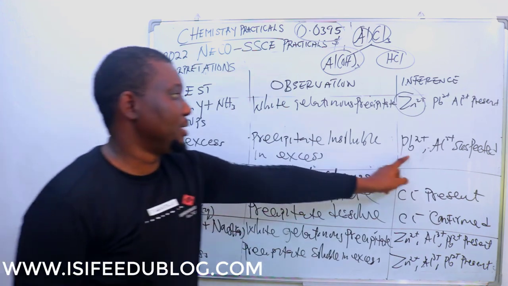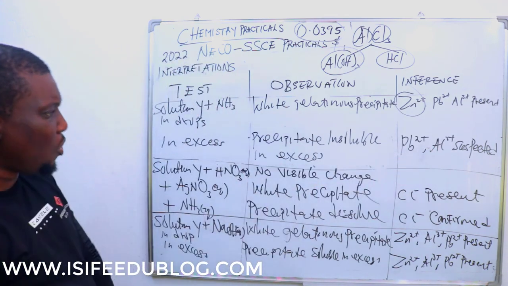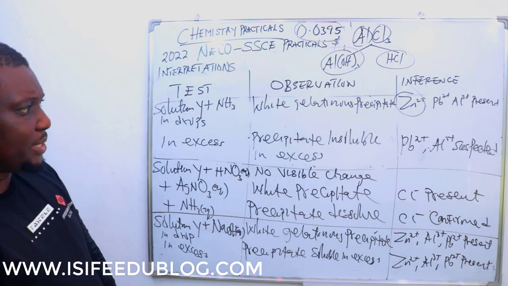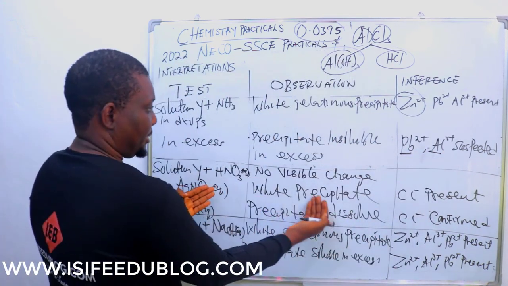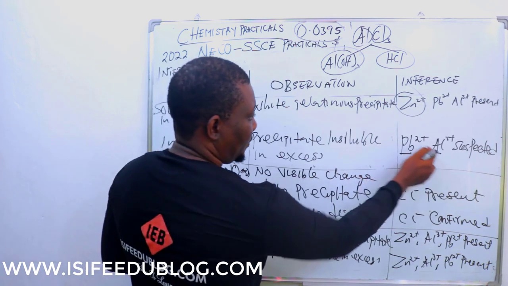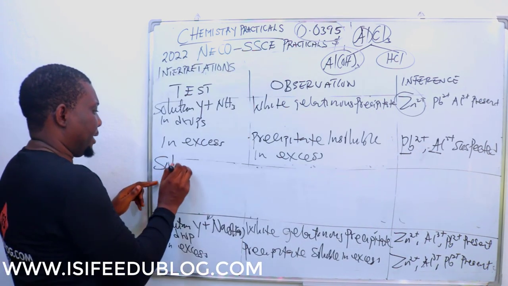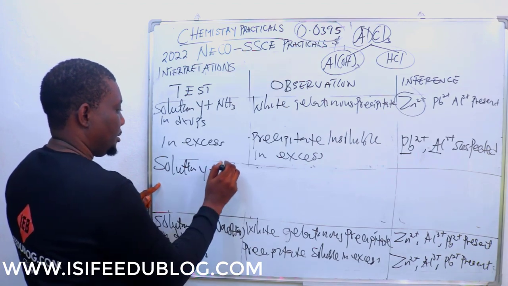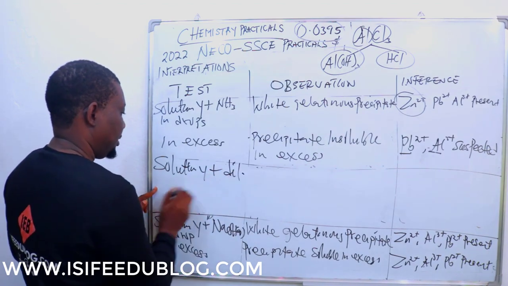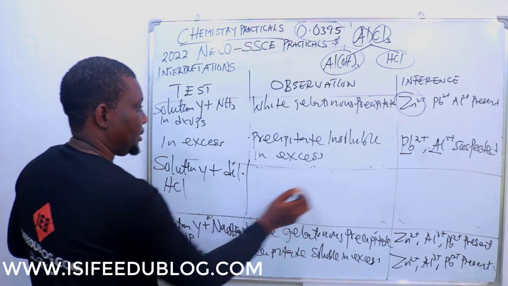So we have these two ions now. But I'm still going to need to know whether it is this or this. That will be my next test: whether it is lead or aluminium. Take solution Y plus dilute HCl.